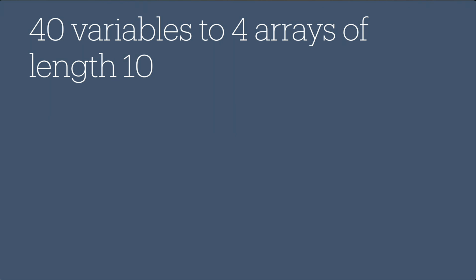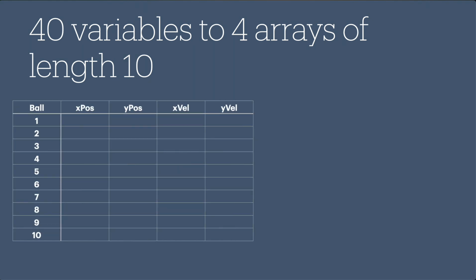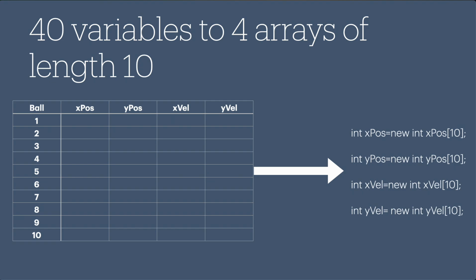So there's no reason we can't take our 40 variables and convert them to 4 arrays of length 10. Think about it. So now we're going to be representing 10 balls, and we've represented all the values for those 10 balls.